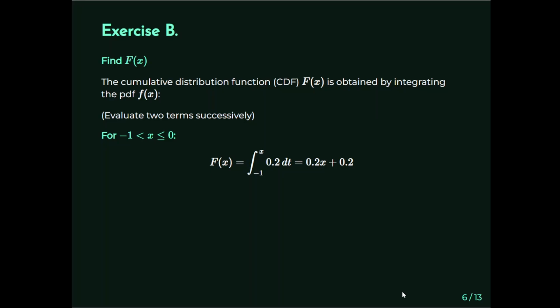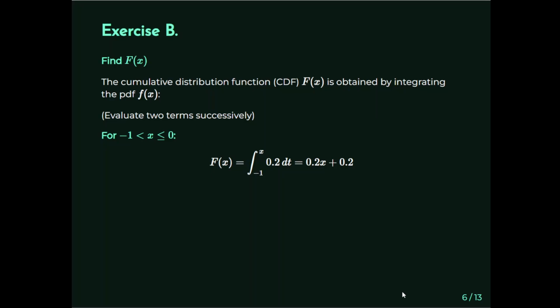Just as a remark, we use a dummy variable essentially. So rather than express the probability density function in terms of x, we will express it in terms of another variable, in this case t, and evaluate it to the upper limit of x. So essentially what we do is we get a term that is an expression in x, which is what we want. So that's the purpose of the dummy variable, just a placeholder while we are doing the calculations.